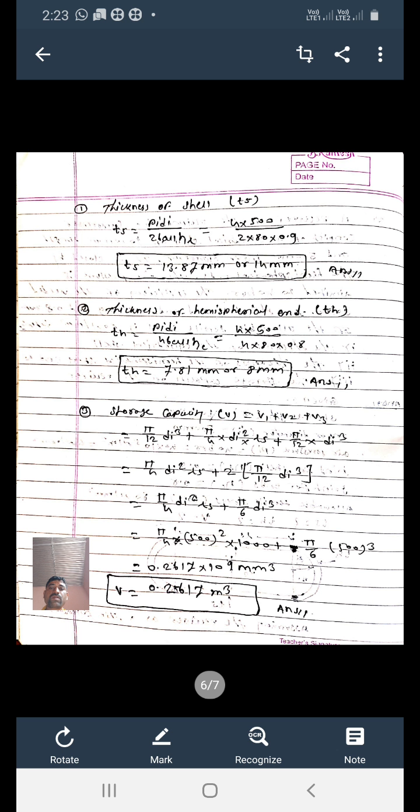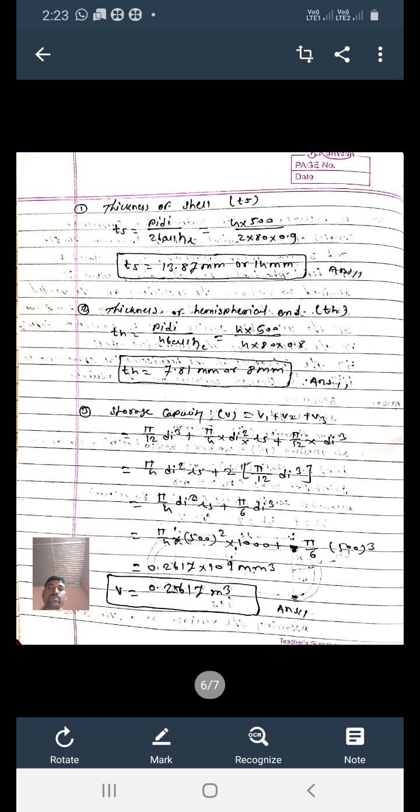Then what is the volume of the hemispherical end? First, pi by 12 into di cube. Remember that formula. Pi by 12 into di cube plus second, V2 is equal to pi by 4 into di square, area into length of that shell, plus pi by 12 into di cube.